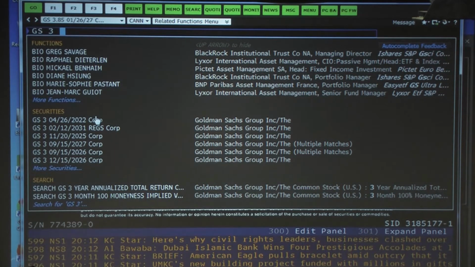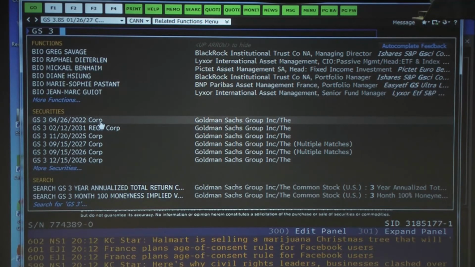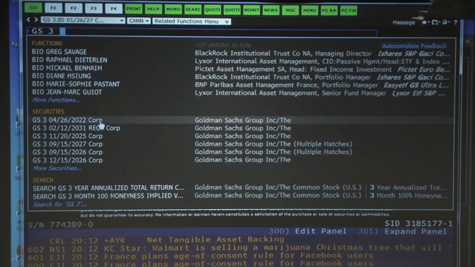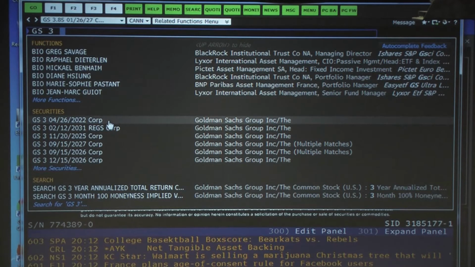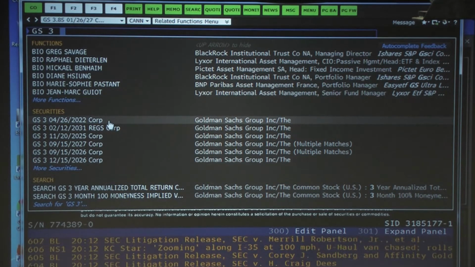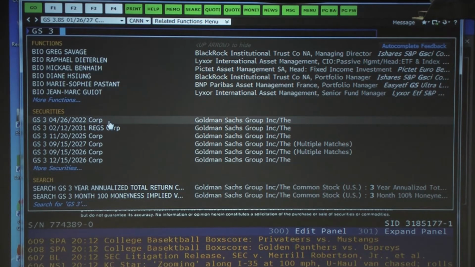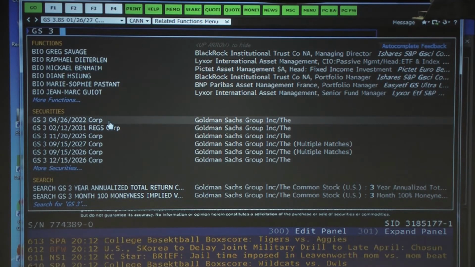So basically, we can see there's a bond that has a maturity date of April 26, 2020. And it's a corporate, basically a fixed income security or a bond. So this is how to enter it in. You enter in the security ticker, you enter in the yield, you enter in the date to maturity, and then you enter in the word corp.